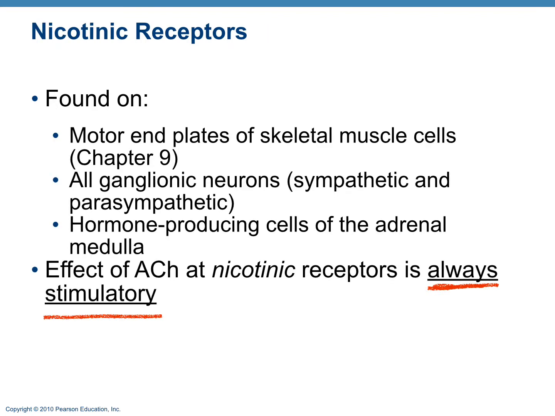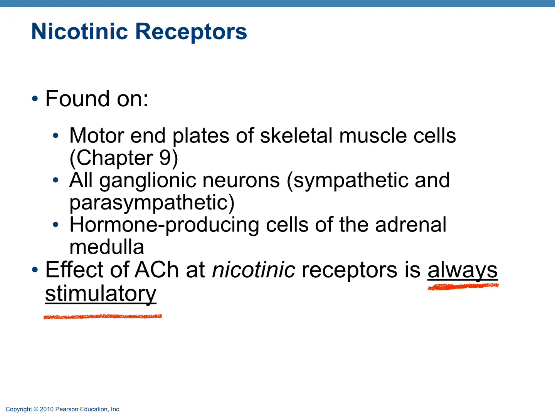Where do we see nicotinic receptors? Well, we see them on the motor end plates of skeletal muscle. We also see them on all ganglionic neurons, sympathetic and parasympathetic, which have receptors for acetylcholine, which makes sense because all of the preganglionic fibers release acetylcholine, right? Also, we see them on hormone-producing cells of the adrenal medulla, which have receptors for acetylcholine as well.